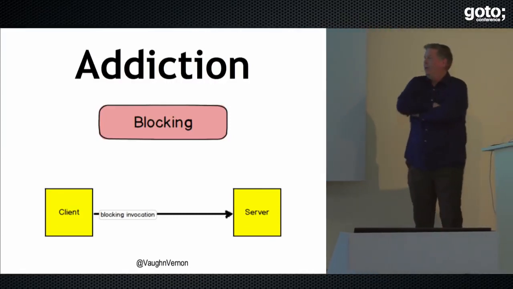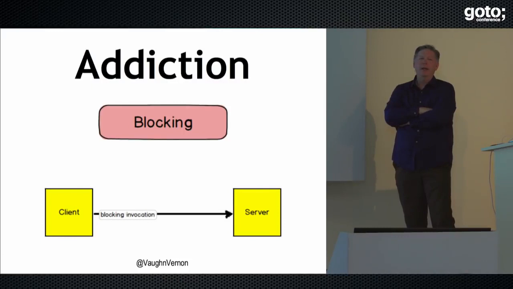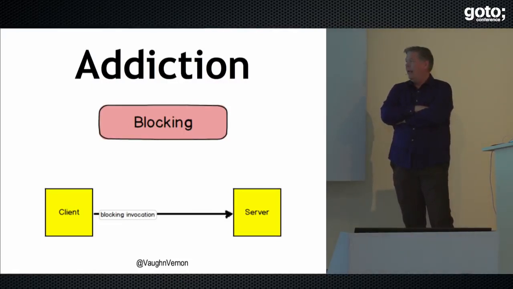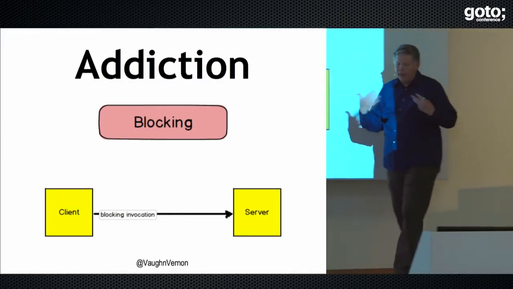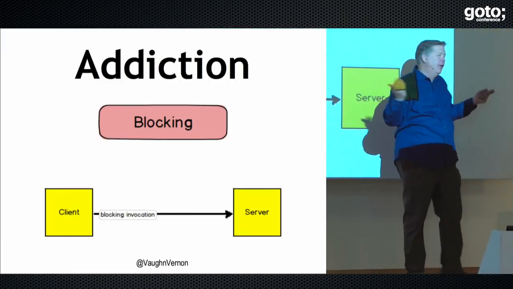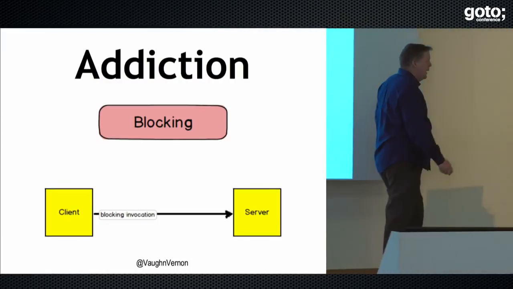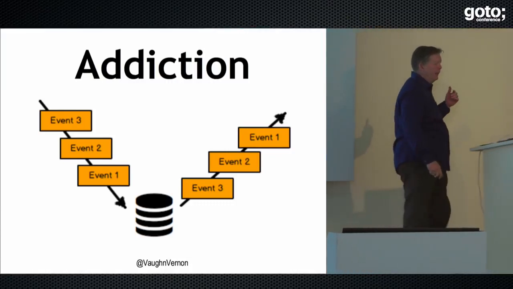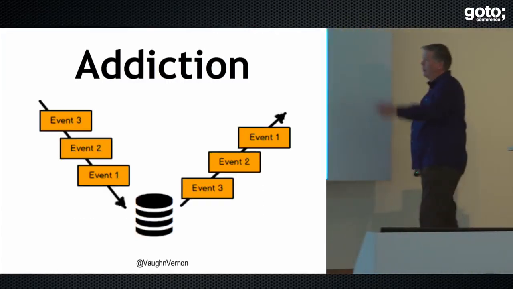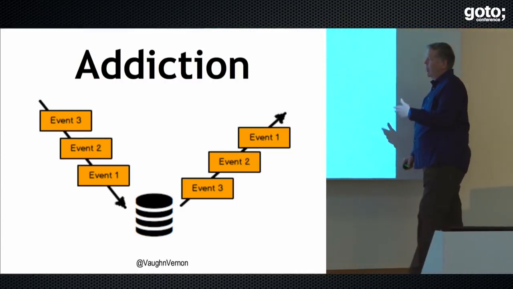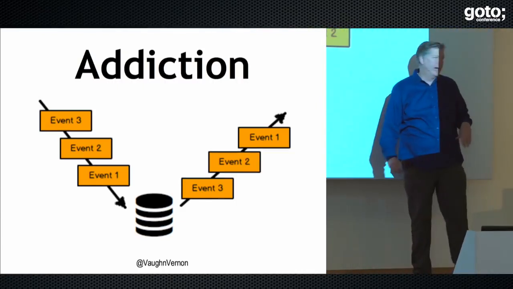We're like, oh, man, my whole universe is just comfortable right now because I know nothing else is going to happen until this server finishes and I have some kind of result and I'll deal with that in some way. Okay? So we're addicted to that kind of thinking. We're also addicted to exactly once delivery and total ordering.